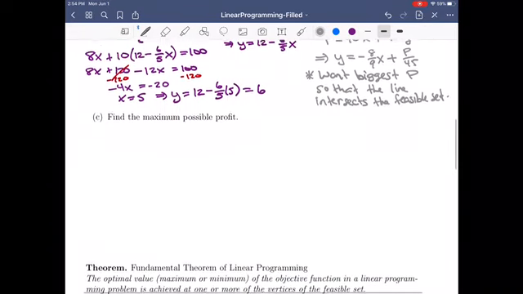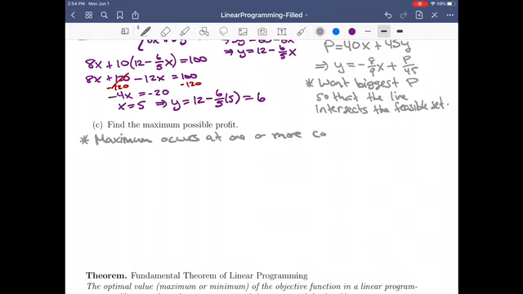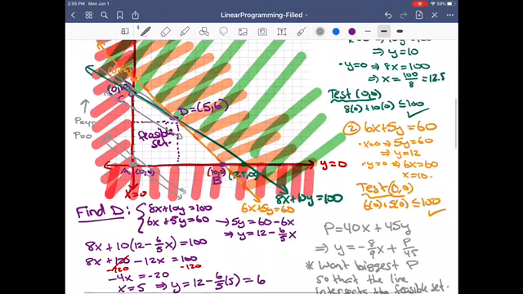So what's going to happen is that the maximum occurs at one or more corner points. Now, just so you are aware, these lines with the p-values changing are called isoprofit lines.